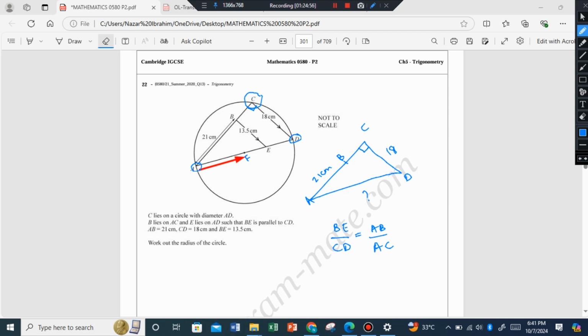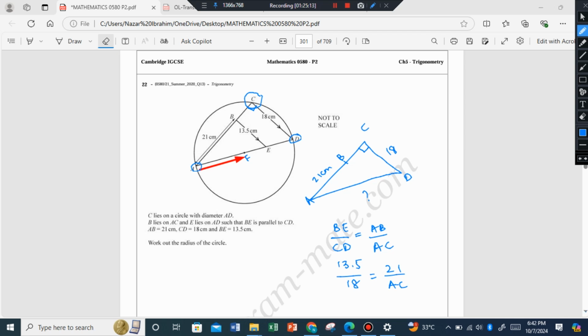So BE is 13.5 and CD is 18, AB is 21, and AC which I have to find, right?